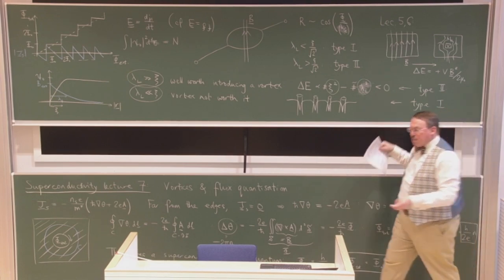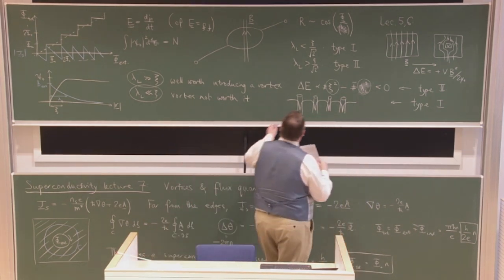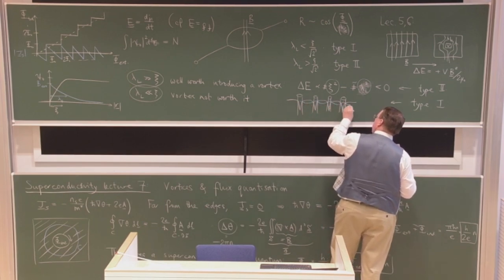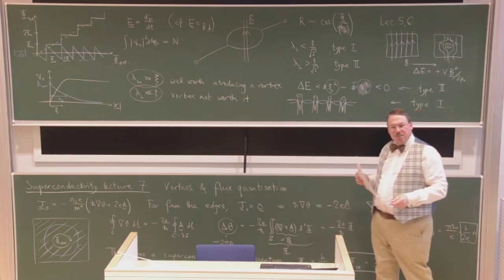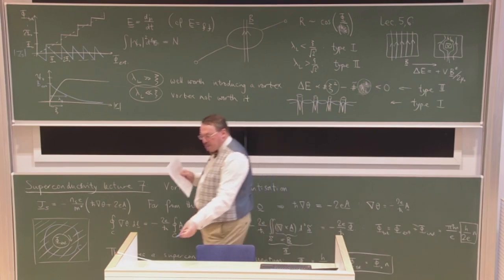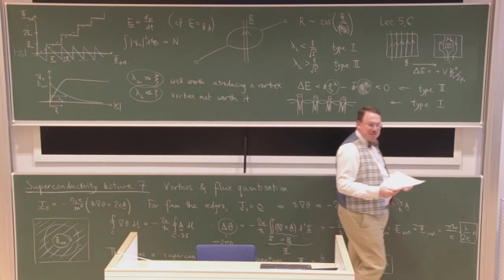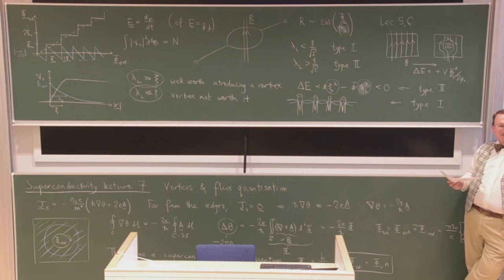But the magnetic field profile looks like this. So a strongly type 2 superconductor can admit magnetic field into its entire bulk without losing at least the condensation energy.